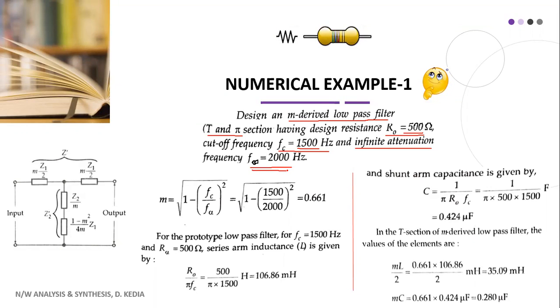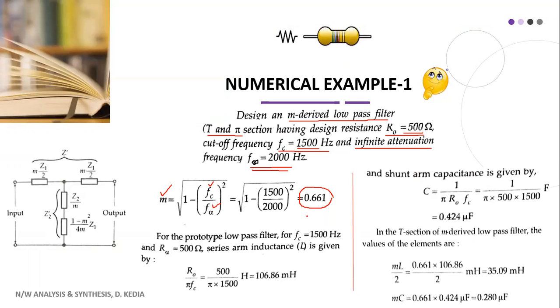So as we have seen, first we will try to find out the value of m for given fc and f infinity. From this we have obtained the value of m, that is 0.661, and you can see here the value of m lies between 0 and 1.